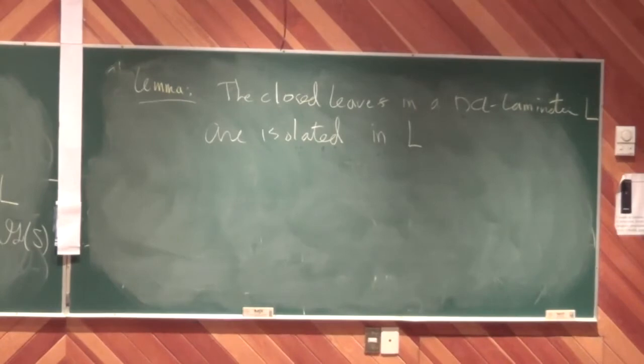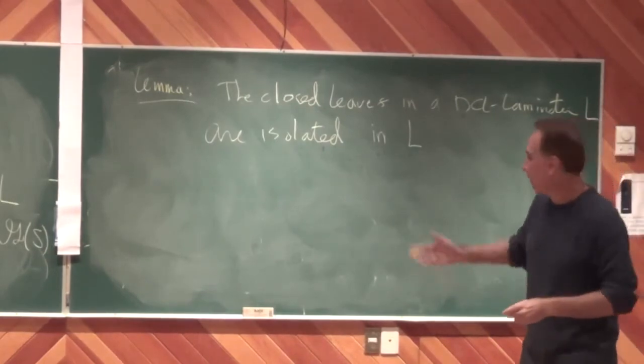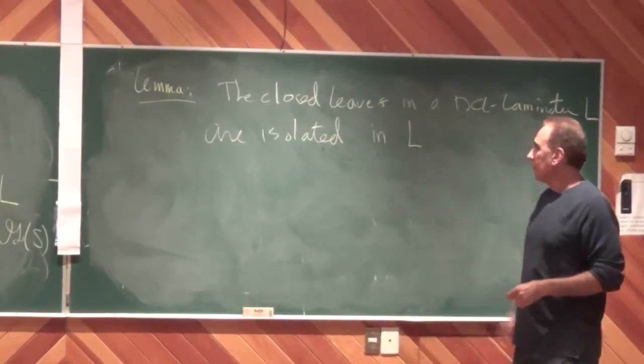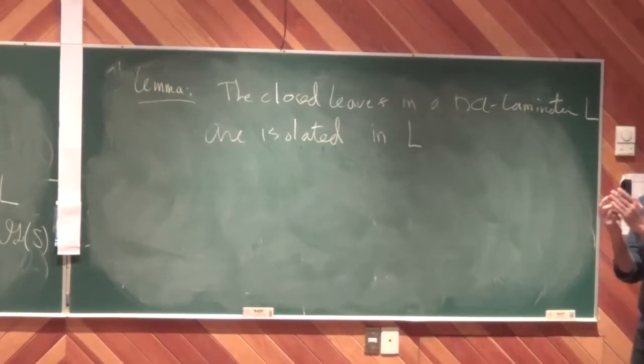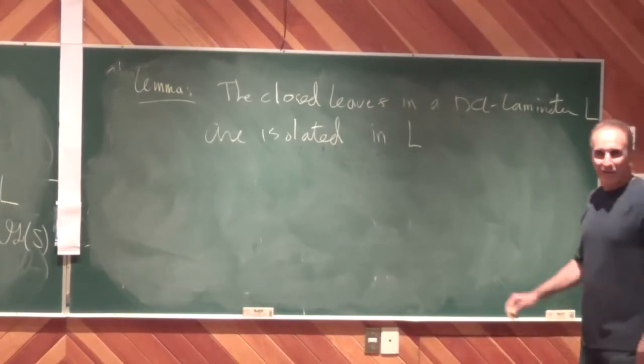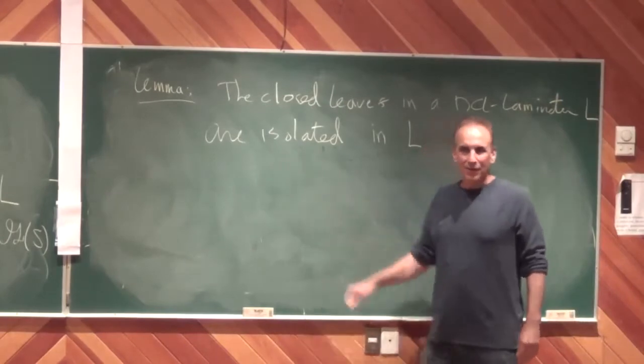Arbitrarily close to an open leaf is a closed leaf. So you can push down to a subsequence and then you can't be the limit. A closed leaf can't be the limit of other leaves. So it has to be isolated. Okay, sorry, I butchered that, but that's correct.